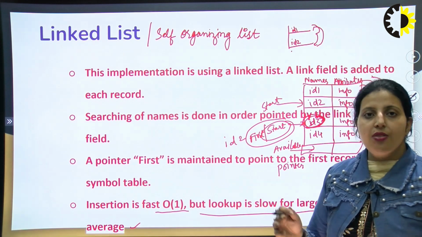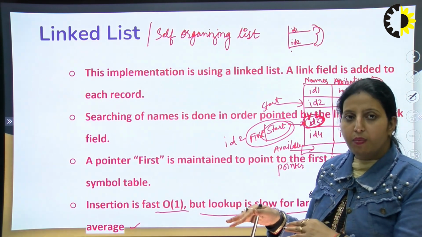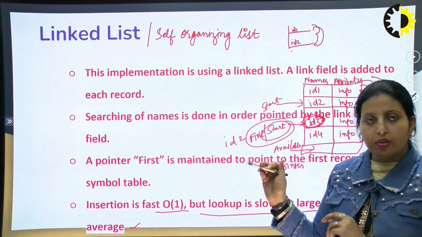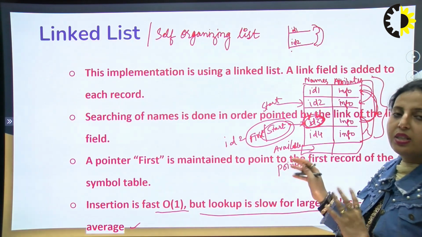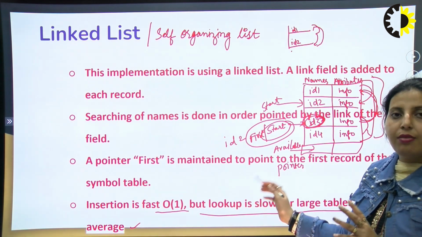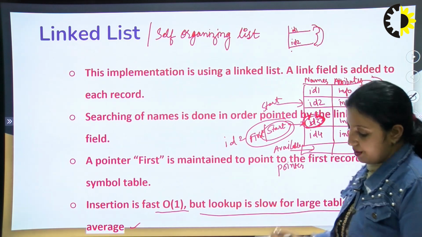Insertion is fast in both implementations, the array implementation as well as the linked list implementation, but searching is slower. The lookup, which is the function used for searching, is slower than in any other implementation.